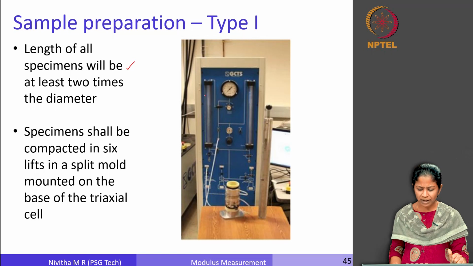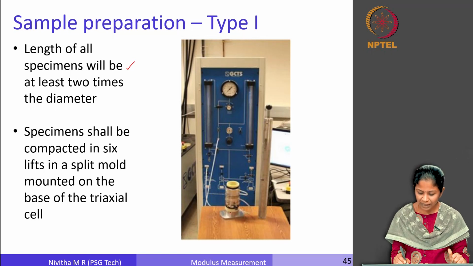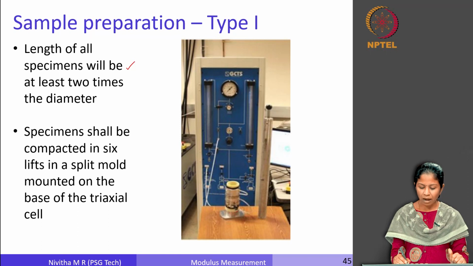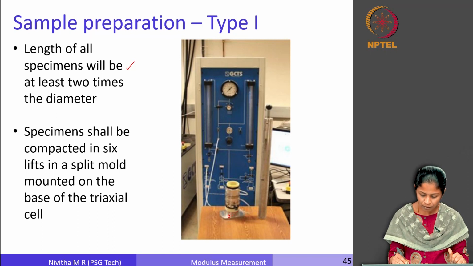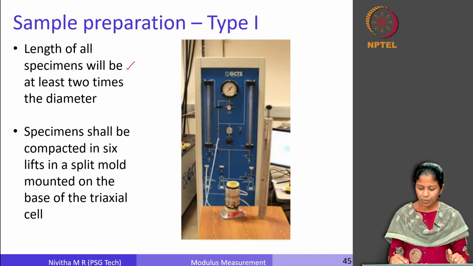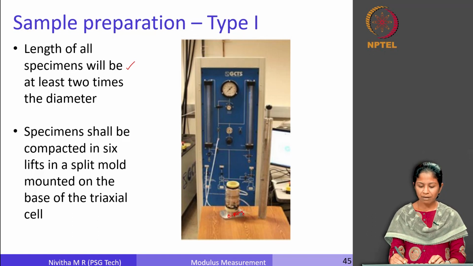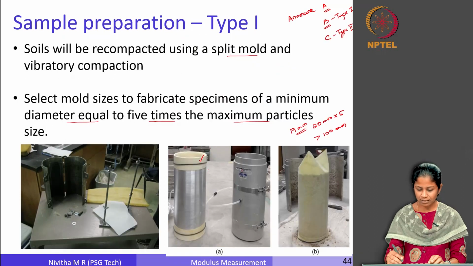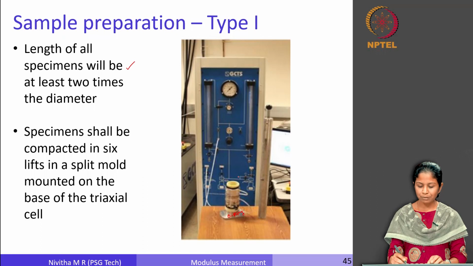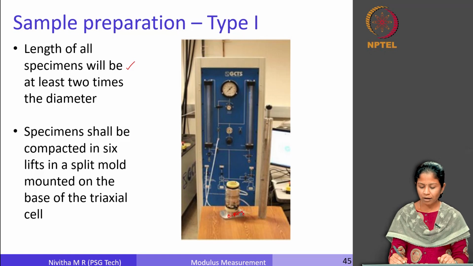So what we do here is, we have this base plate. We put the bottom of the membrane on this base plate and we put an O-ring to confine the membrane to the base plate. Then we have a membrane expander, something like this. You put in the membrane expander, clamp the membrane like this, then fill in the soil, and then apply the vibration technique on the soil.